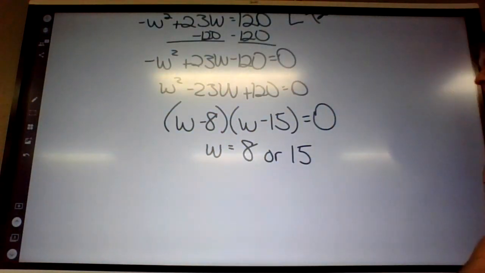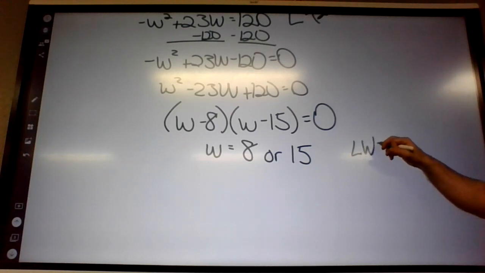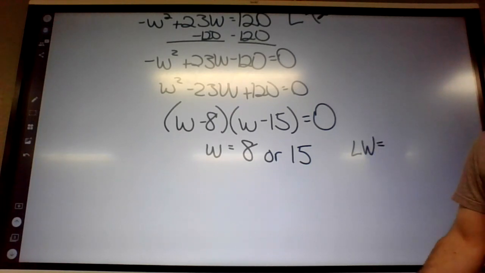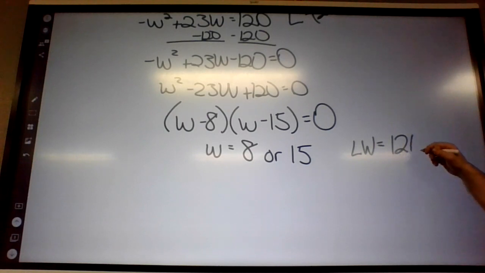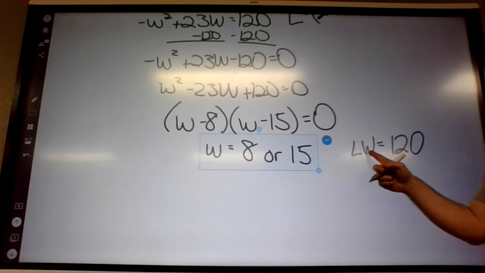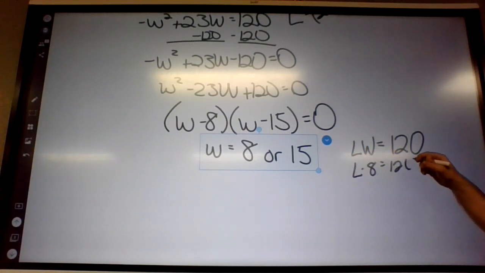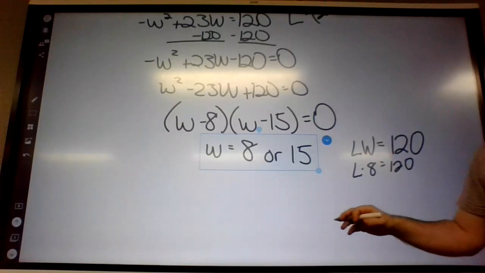All right, it's taking too long. So one of our equations from the beginning was that the area is 120, so that length times width is 120. So if I know the width is 8, how would I find the length? Divide by 8. That would be 15.